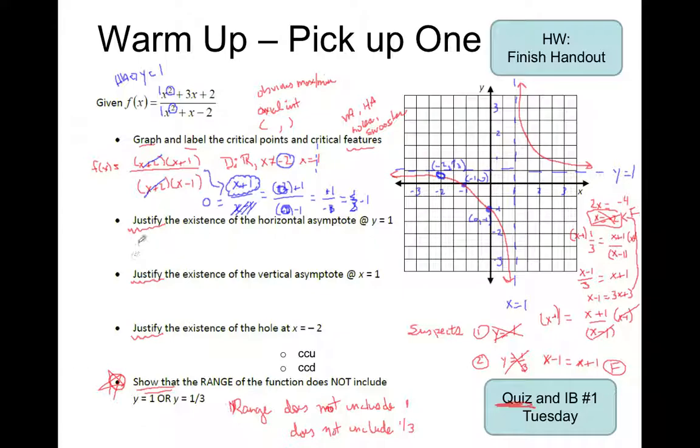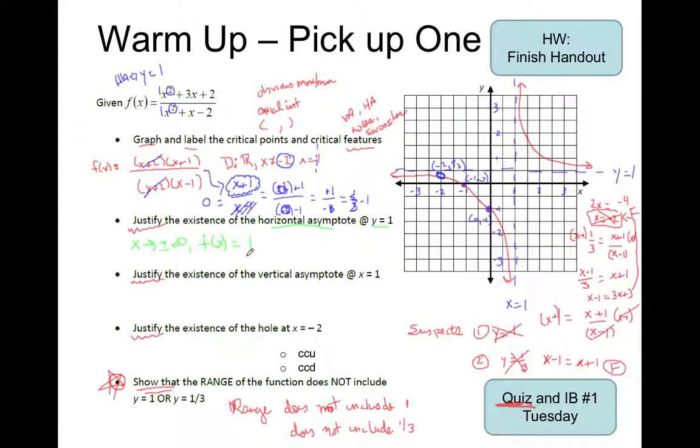infinity behavior. A horizontal asymptote will exist at y = 1 if and only if, as x approaches both positive and negative infinity, the y values approach 1. How do I verify that?